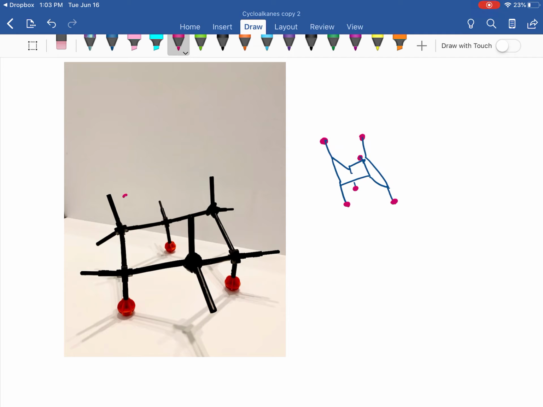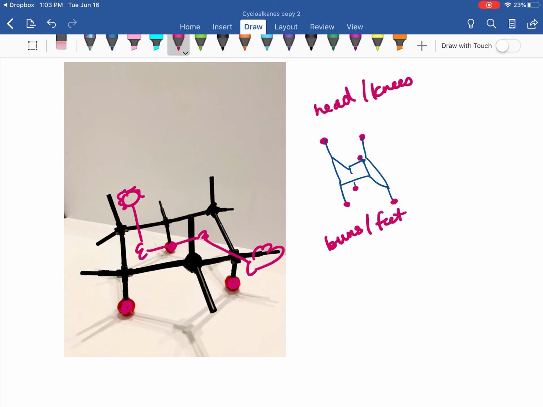So then if you're looking at that like it's a chair, here's your head, here's your buns, here's your knees, and here's your feet. So right where your buns are, you've got 2 that are down by your feet and buns. So this one is kind of head and knees. This one is kind of buns and feet.